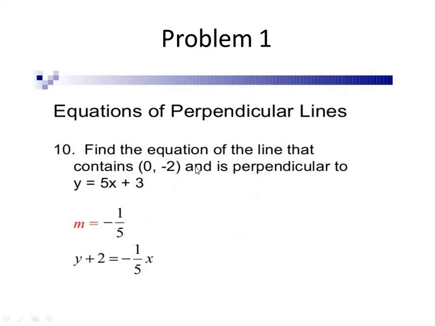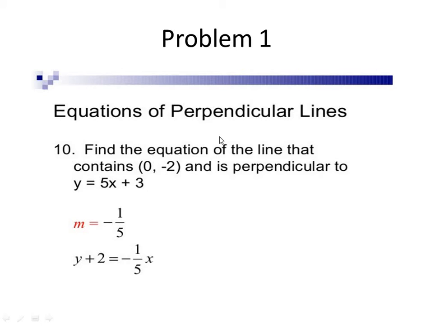Then we look at another example. They ask us to find the equation of the line that contains the point (0, negative 2) and is perpendicular to a line. They give us the equation of the line in slope-intercept form, so it will be easy. To find the equation of the perpendicular line, I first have to find the slope.